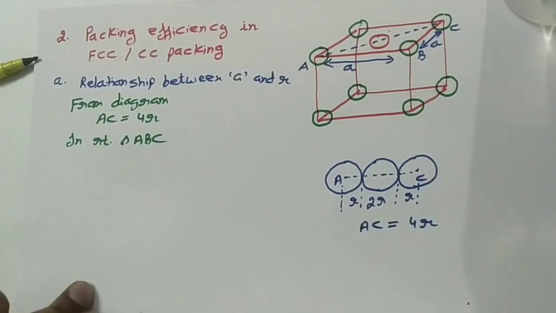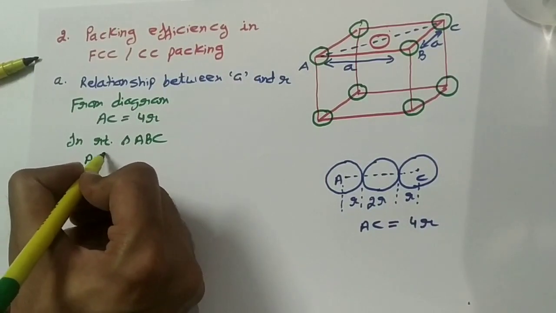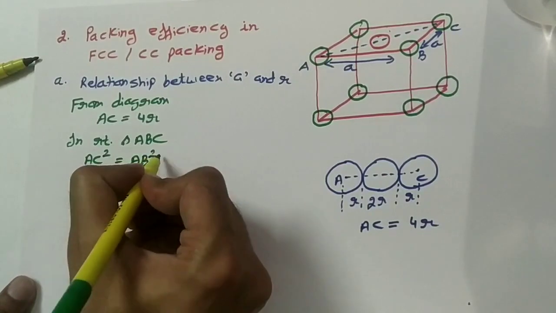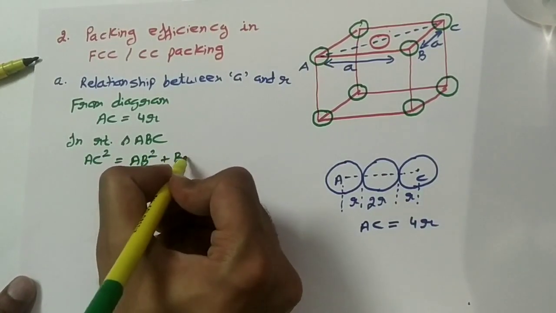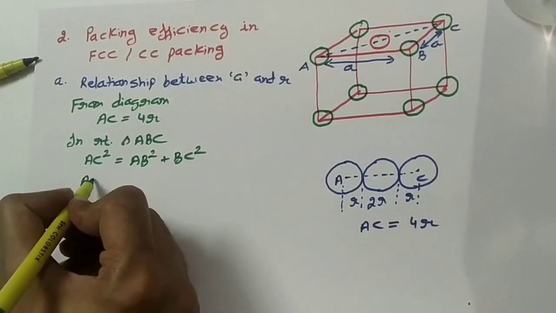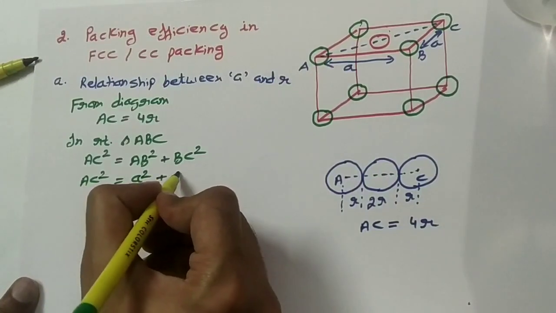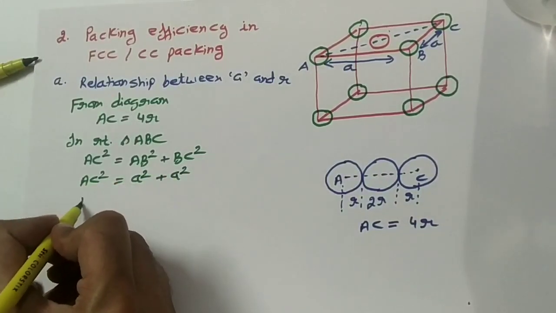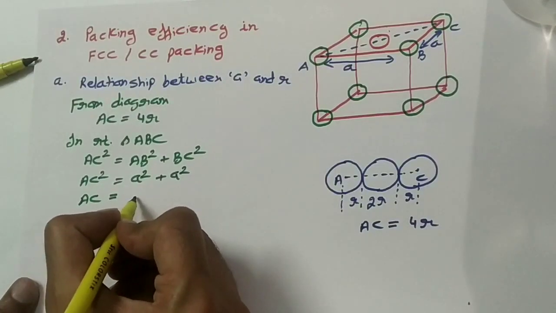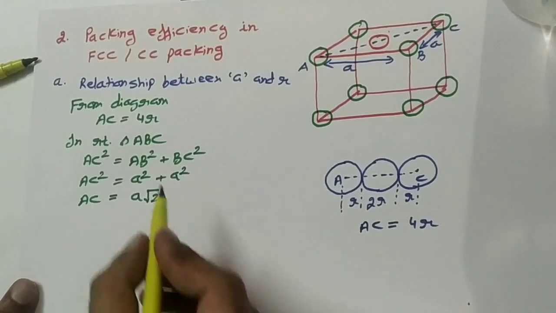So in right angle triangle ABC, according to Pythagoras theorem, AC square is equal to AB square plus BC square. AC square is equal to a square plus a square. When you solve this, you'll get AC is equal to a root 2.